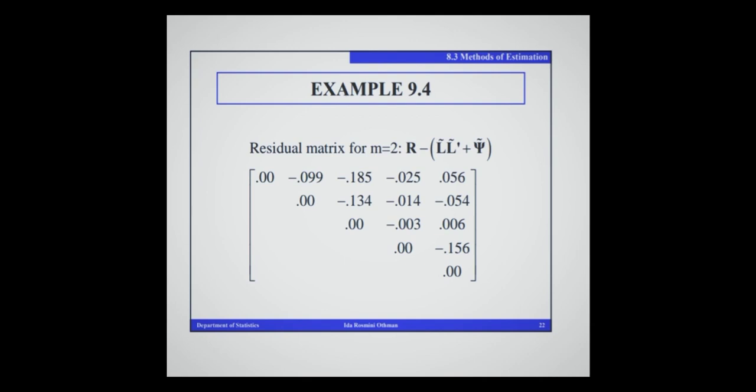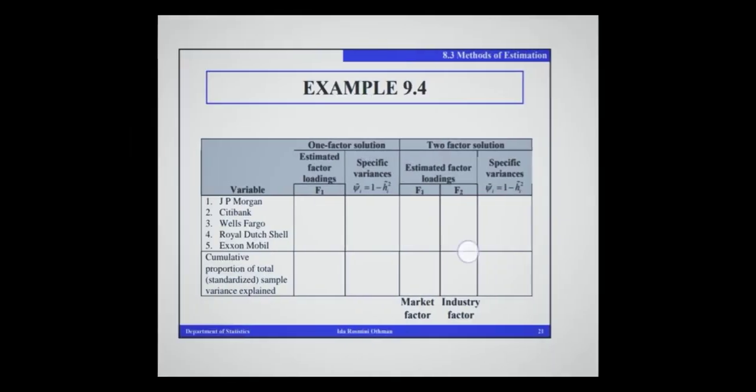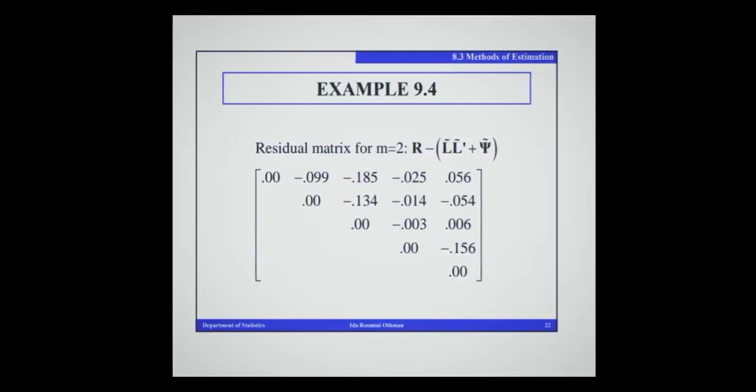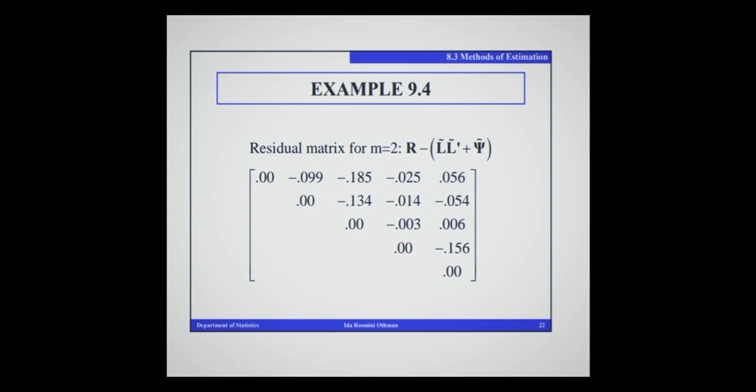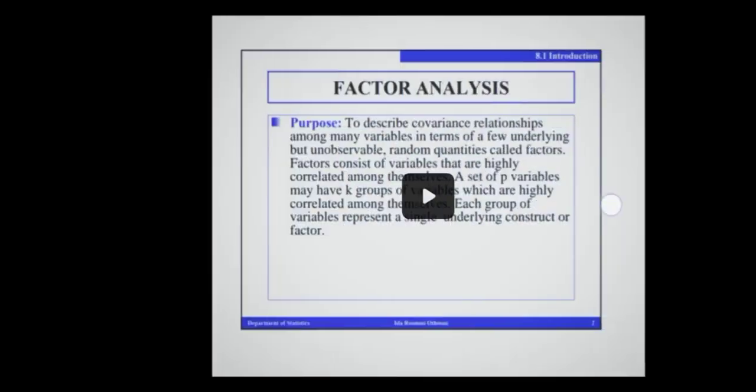Okay, ini residual matrix. Okay, yang ni example 9.4 ni ada dalam your textbook. The value dalam ni semua ada dalam page 493. You know how to find that. Okay, so this is we create this residual matrix.